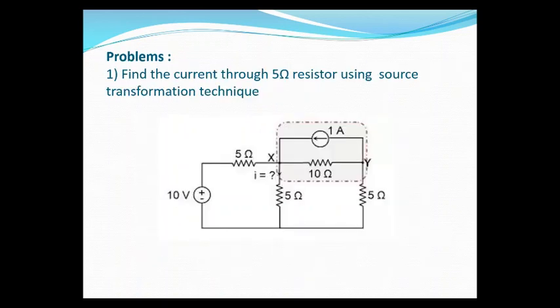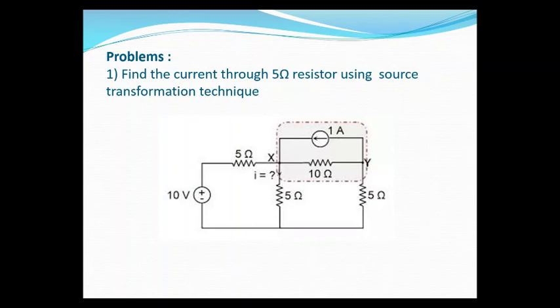So another problem is to find the current through the 5 ohm resistor using the source transformation technique. See here, in this problem we are replacing a current source, that is 1 amp in parallel with a 10 ohm resistor, that can be replaced with a voltage source. Here by replacing this we can solve this problem. So by replacing that, how much voltage?